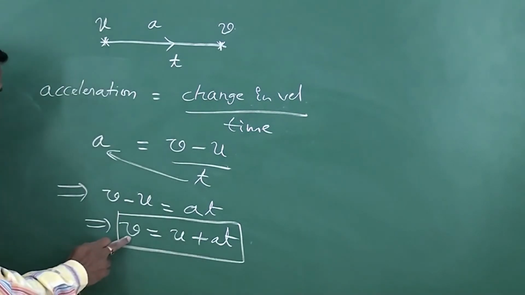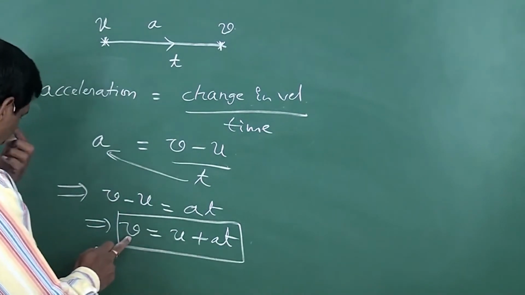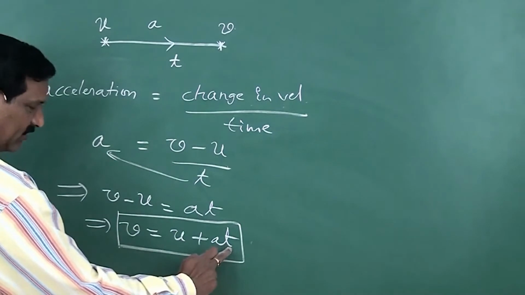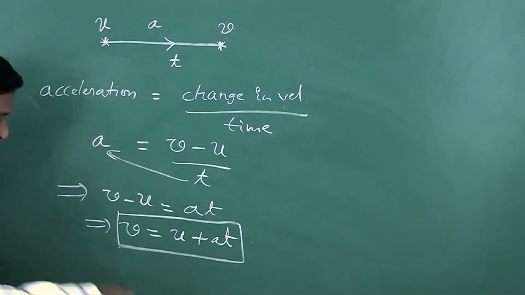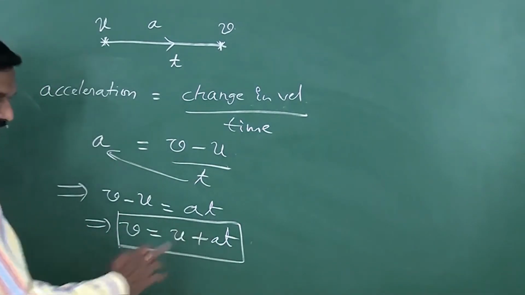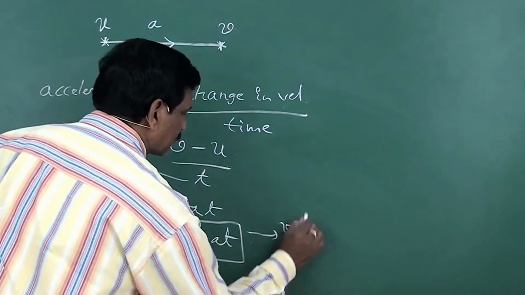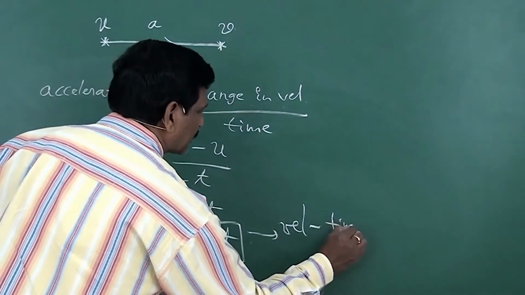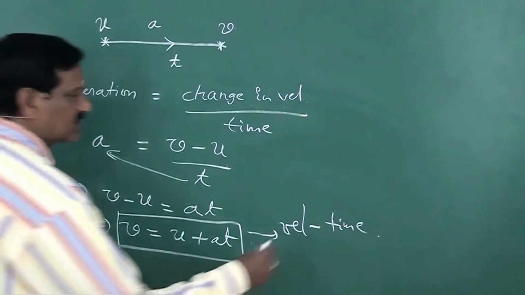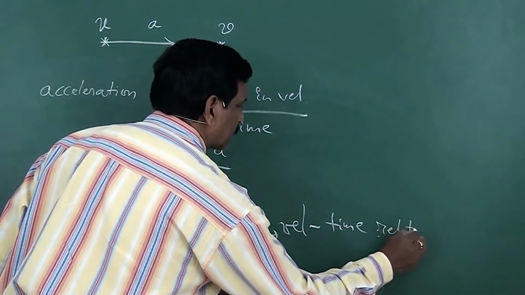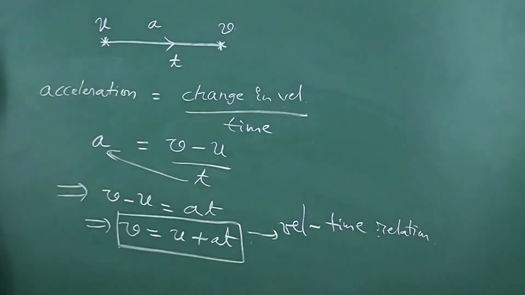So to find the velocity of the body after a time t, you can use this equation if you know the initial velocity and acceleration. Hence this is called the velocity time relation. This is the first kinematic relation: v is equal to u plus at.